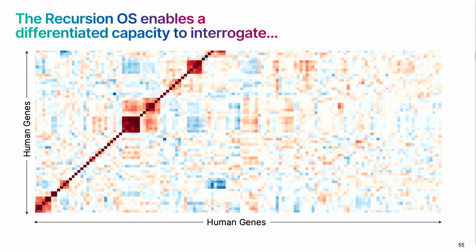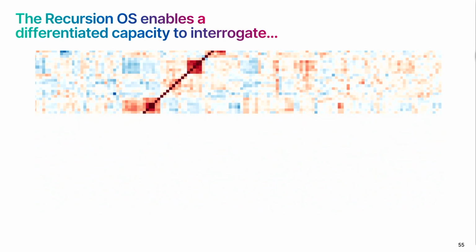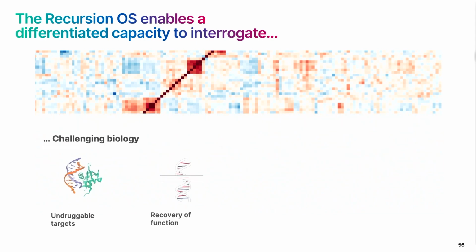But just to give you an overall sense of what that might look like, we can use our maps to uncover what was potentially considered at one point an undruggable target. For example, if we put that target into our map of biology, we can look for other genes that look phenosimilar to it, which would give you a sense for maybe these genes act upstream, downstream, or even potentially adjacent, but still provide that same phenotypic output.